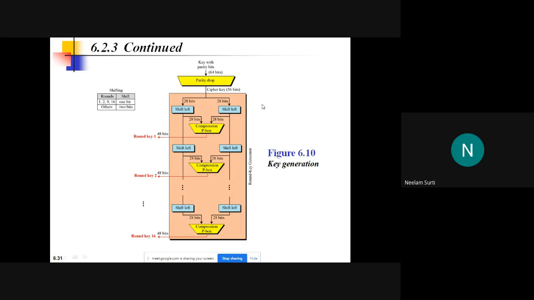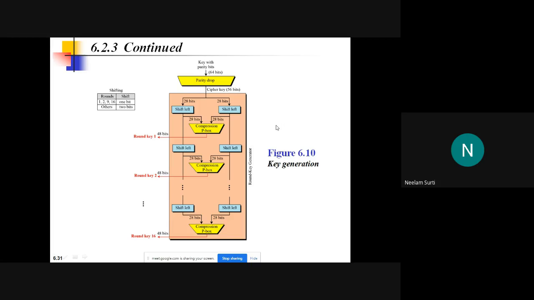Now, what is the purpose of this key generation? As I told you, confusion and diffusion were these two properties. Confusion says that the relationship between the key and the ciphertext should be as complex as possible.